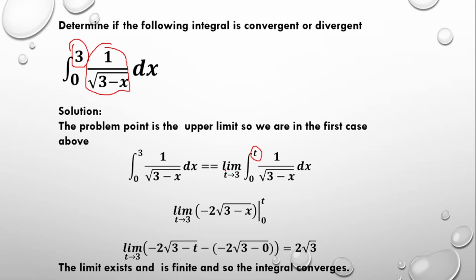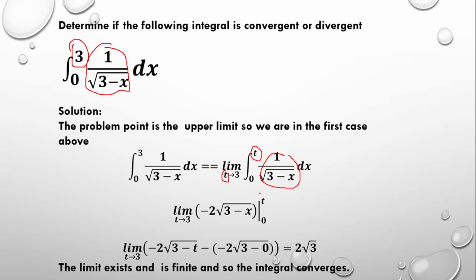Therefore, t is approaching the limit of the integral from 0 to t of 1 over root of 3 minus x dx. So now we are replacing the 3 with t, as t approaches 3. After doing your normal integration, you're going to get negative 2 root of 3 minus x, from 0 to t.